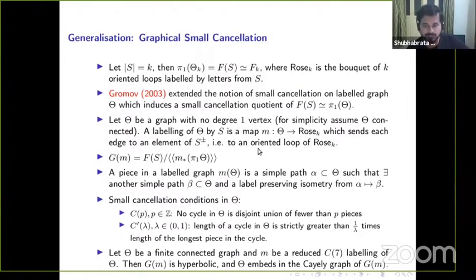If you have a map like this from any graph with certain conditions to this bouquet of circles, then you can consider the quotient group of the free group by the normal subgroup generated by the induced map, and you can define a small cancellation condition on that. He proves that quotients of such groups will be hyperbolic again, like this: the group GM is hyperbolic, and theta m, the initial graph, is embedded in the Cayley graph of GM. These were actually elaborated by Delzant and Olshanskii in a later paper.